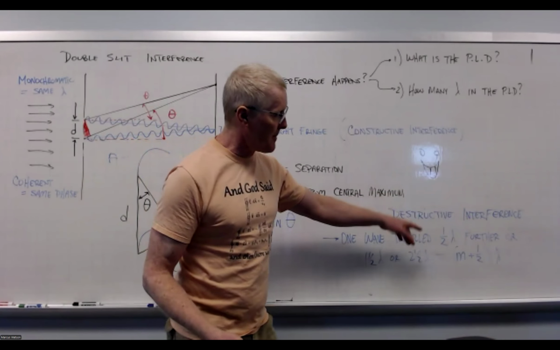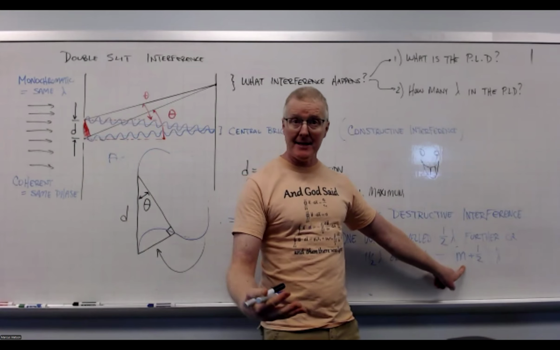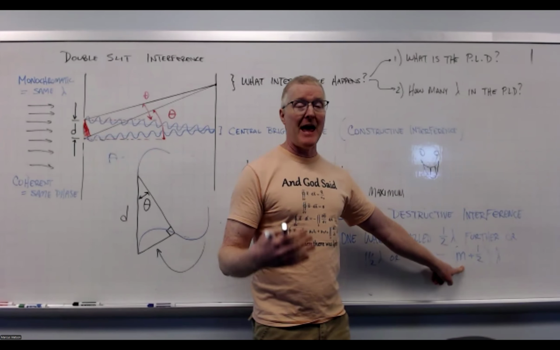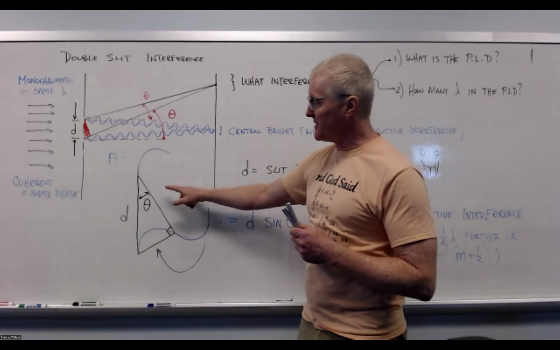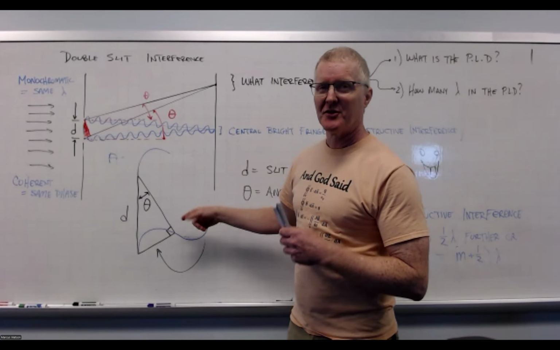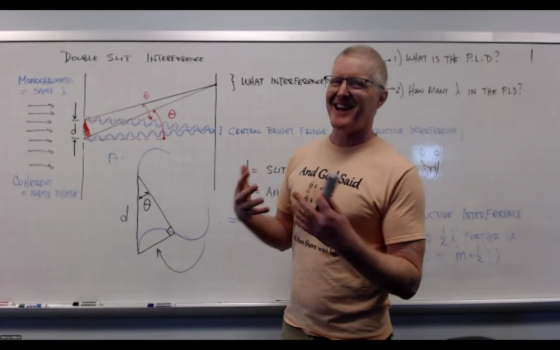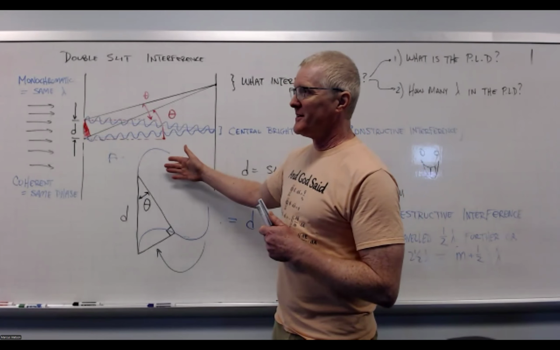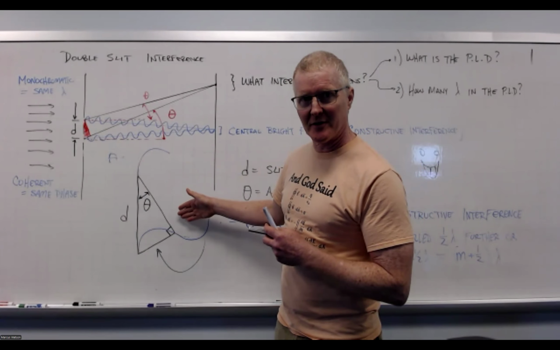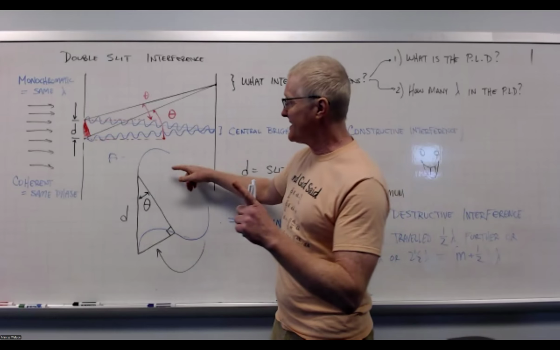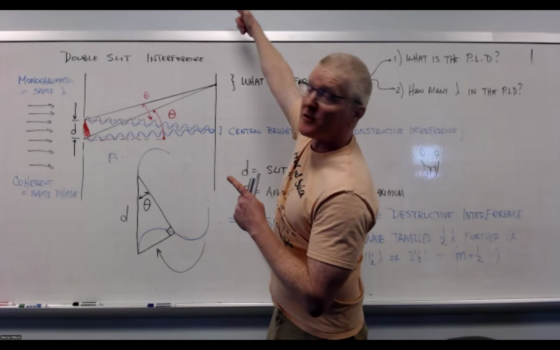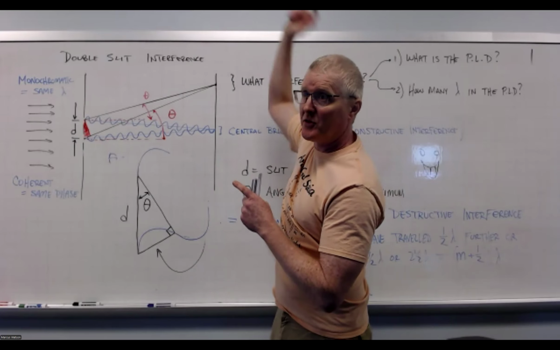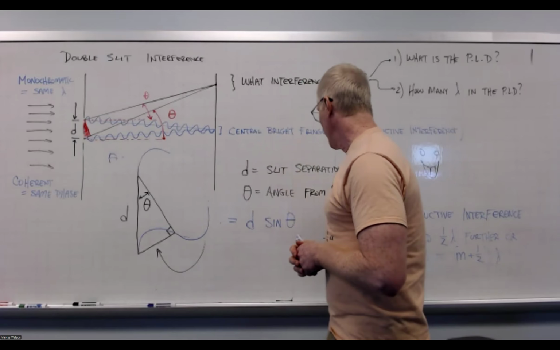So I'll just call m the index, and I'll say if m is 0, then that's the very first time that destructive interference happens. The numbering is not quite on point, but 0 is the first time destructive interference happens. M equals 1 is the second time destructive interference happens. I've gone up to another dark spot up here, right? 2 is the third time, et cetera, et cetera.